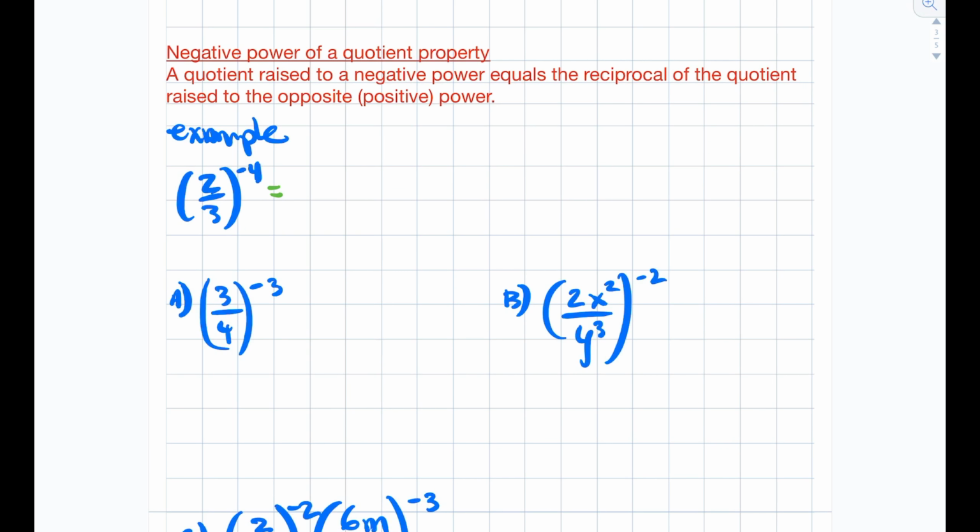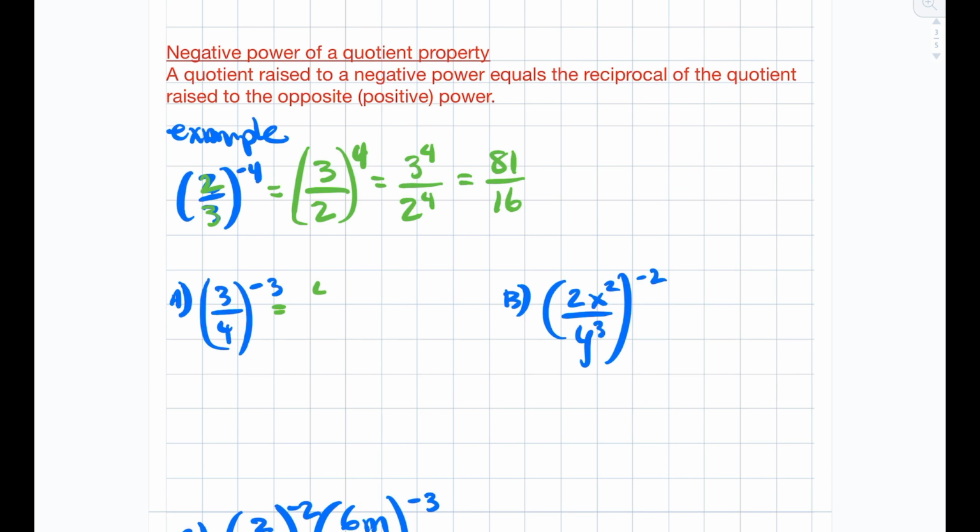So I see 2 over 3 here. When you flip it upside down, the 2 is going to be on the bottom, and 3 is going to be on the top, to the positive 4th power, which is equal to 3 to the 4th over 2 to the 4th. Which, by the way, 3 to the 4th power is 81, and 2 to the 4th power is 16. That's good enough at that point.